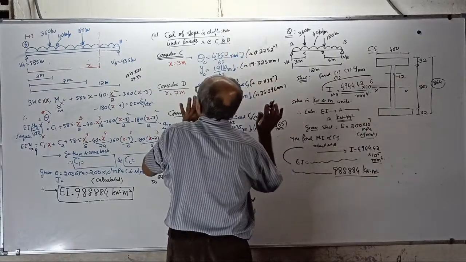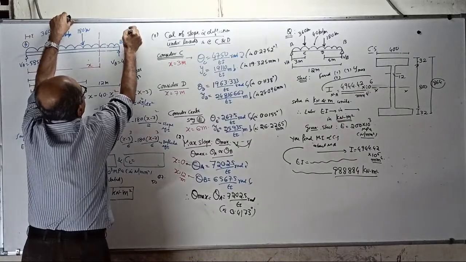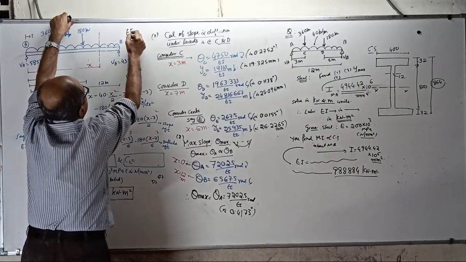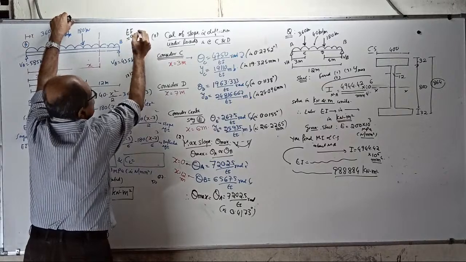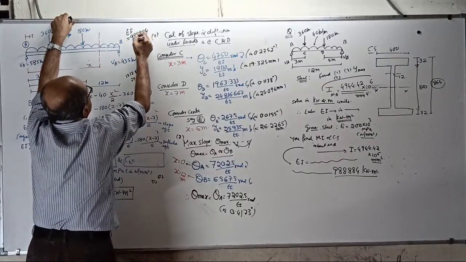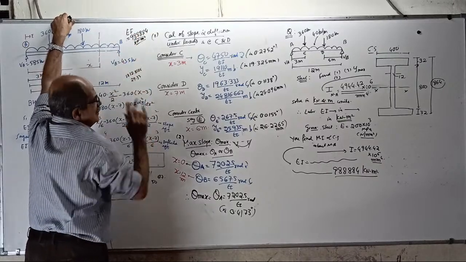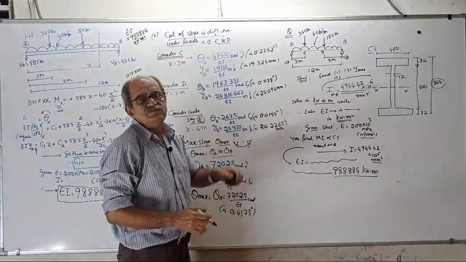That is the EI value. Remember, I write here EI equal to 884 kilonewton meter square for the cross section. Data over.